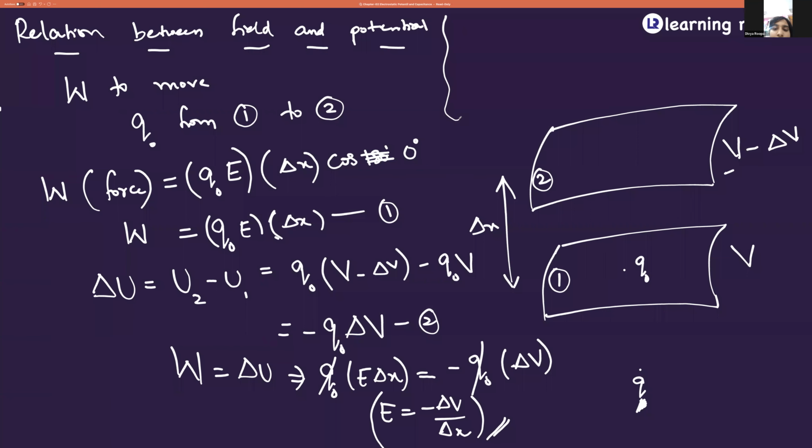So you say electric field is equal to negative of potential gradient. Electric field is called as the negative of the potential gradient. I'll explain what is the significance of that minus. Is that clear? So make a note, make it fast. This is a very, very important concept.